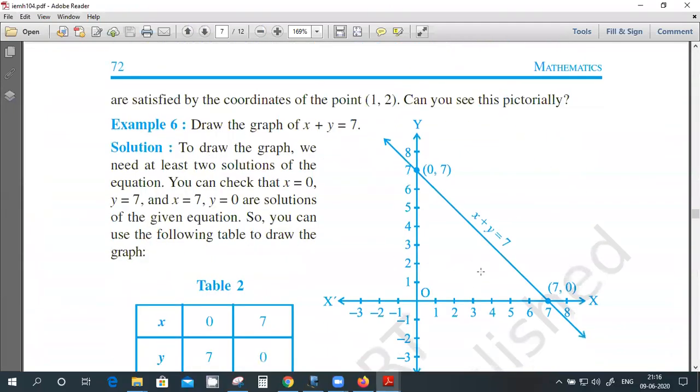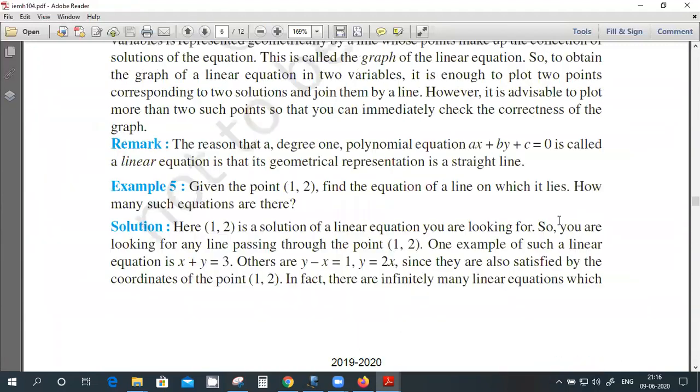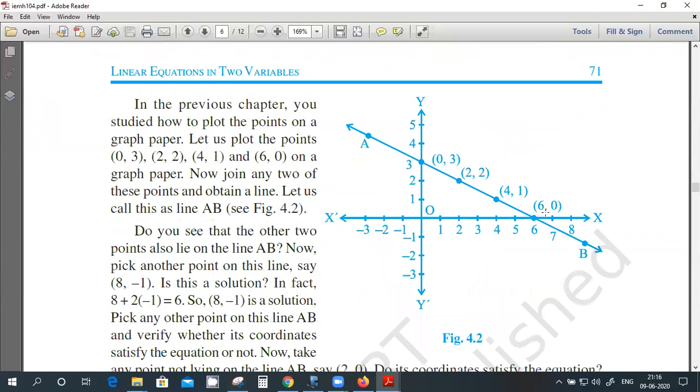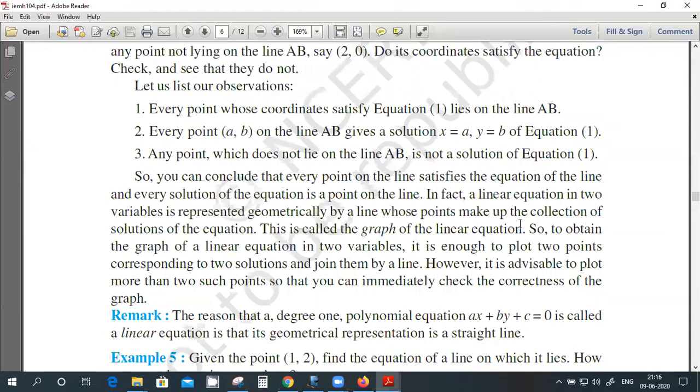So this line, is the slope positive or negative? This is downstairs, so it's negative, because from here to here, x is increasing and y is decreasing. This is also negative slope.